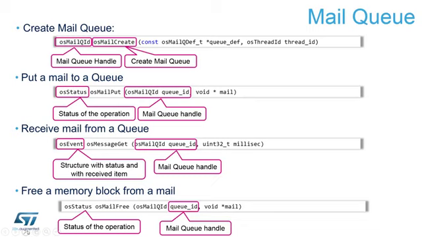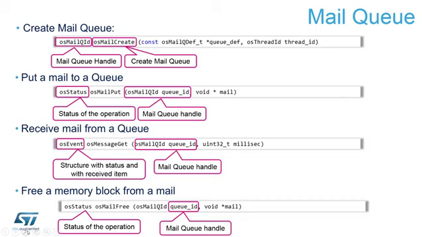A mail is a little bit different because it doesn't give you only a space for a pointer, but it defines the list of the items in the format of a chunk of memory multiplied by the number of elements.